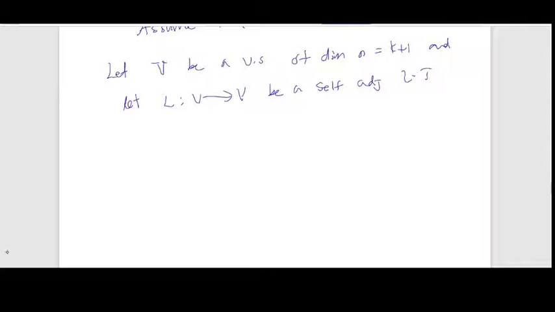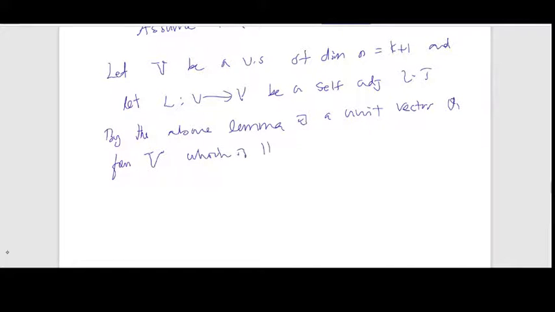So by the above lemma, there exists a unit vector, say v1, from capital V, which is an eigenvector of L.